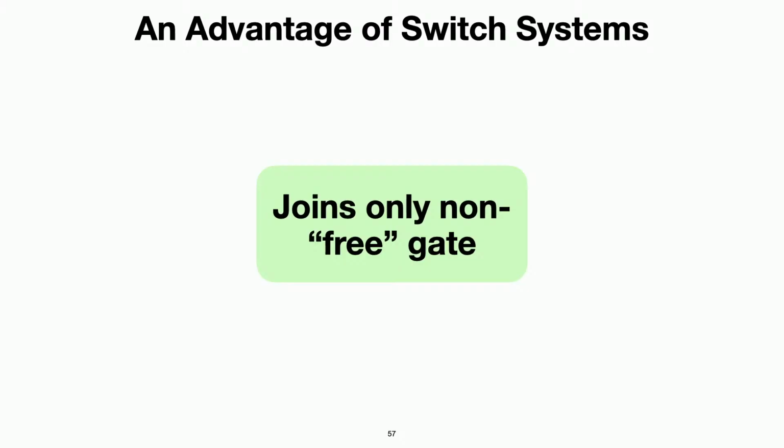Everything else is in some sense free. Our encoding does not grow from those gates. We'd still like to reduce the number of those gates because we pay computation for them. But if we're mostly concerned with the size of the encoding, we just have to worry about the number of joins in our particular switch system.